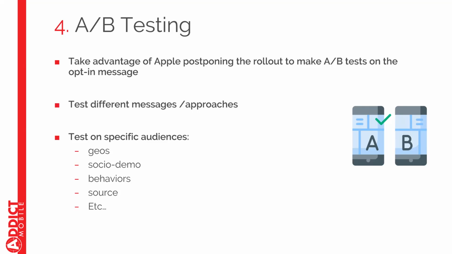If you are able to do it, target specific audiences and see the behavior of each user per geo, per socio-demo, per behavior, per source, whatever you can think of. And finally, obviously, analyze the opt-in rate to validate the test and be ready for the rollout.